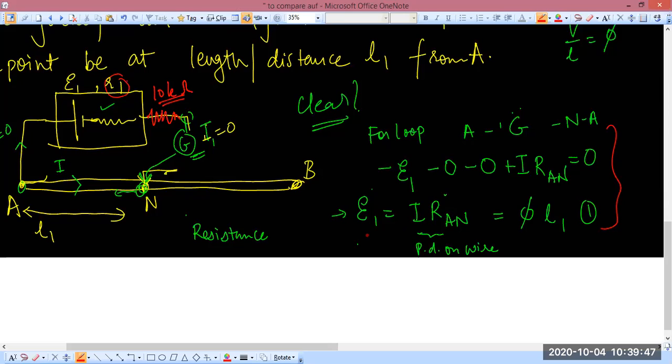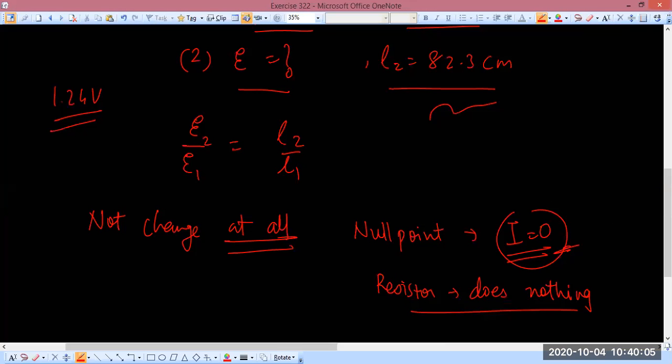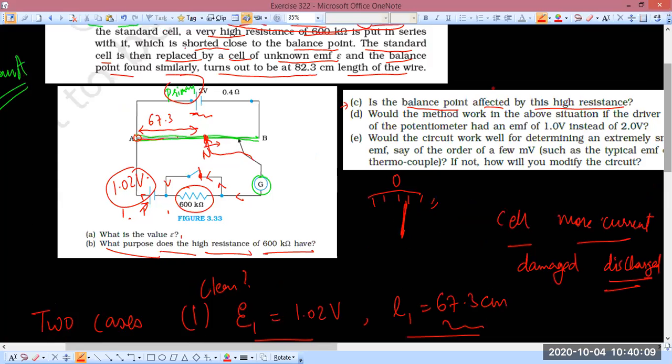I hope you realize that this equation will still be the same, right? Because at null point, current will not be flowing. Okay, so coming back to the problem at hand. The answer of this part C is no.